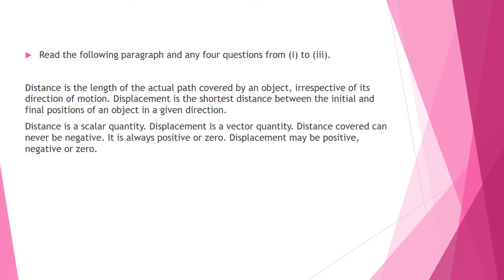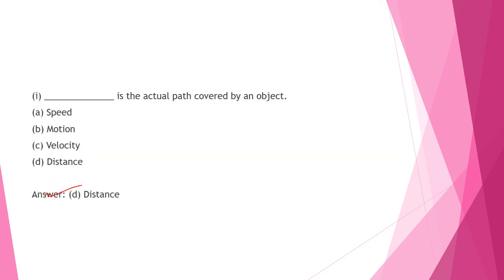Displacement is the shortest distance between initial and final position of an object in the given direction. Distance is a scalar quantity, and displacement is a vector quantity. Distance covered can never be negative, it is always positive or zero. Displacement may be positive, negative or zero. So my question is, dash is the actual path covered by an object.